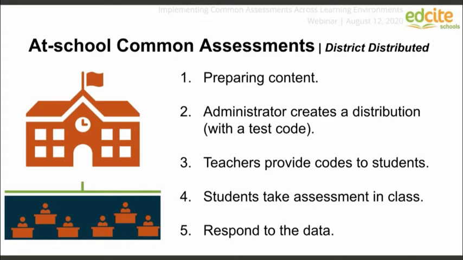Since we're going to start with district distributions, we're going to focus on that administrator-scheduled assessment pathway. When we're thinking about how we implement a district distribution at school, we can really think of this as 5 steps for the full assessment for learning cycle.